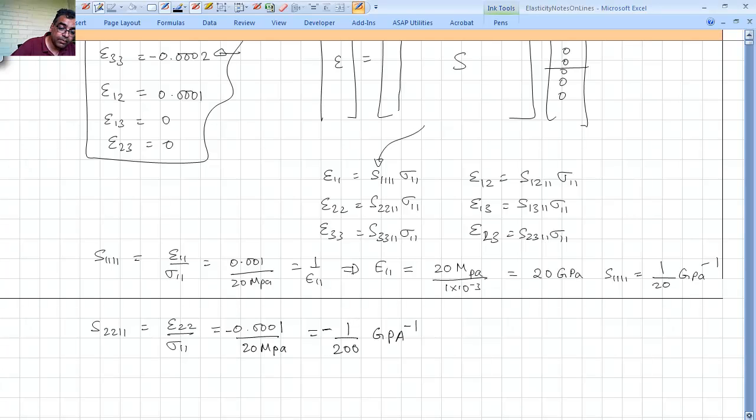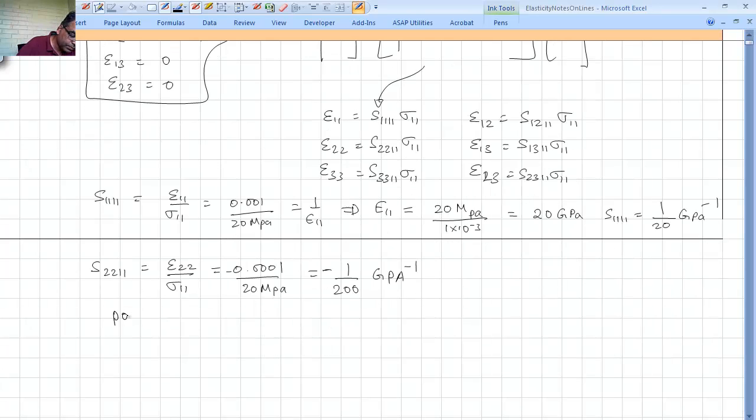But we are interested maybe in Poisson's ratio, which is actually negative of epsilon 22 over epsilon 11, which is equal to negative of negative 0.0001, that's plus, divided by 0.001, which is 1/10, which is 0.1.